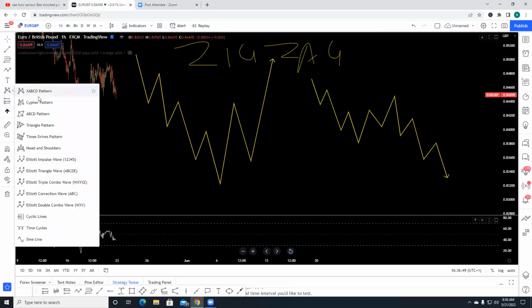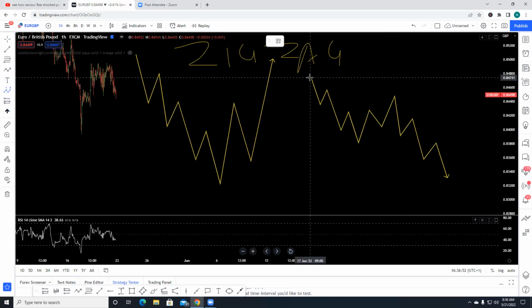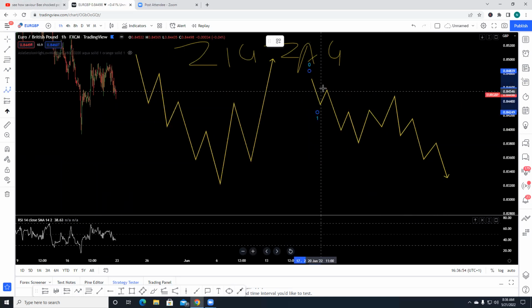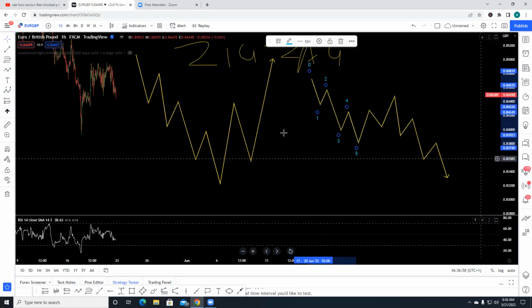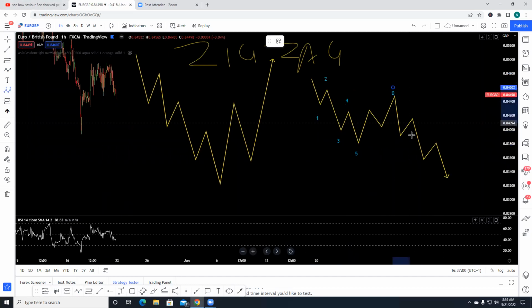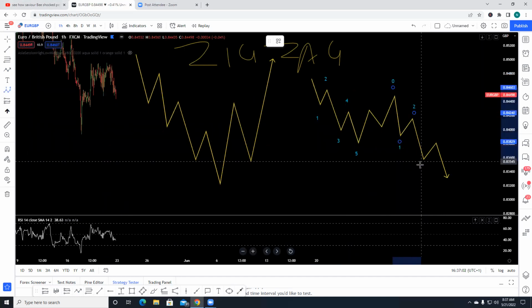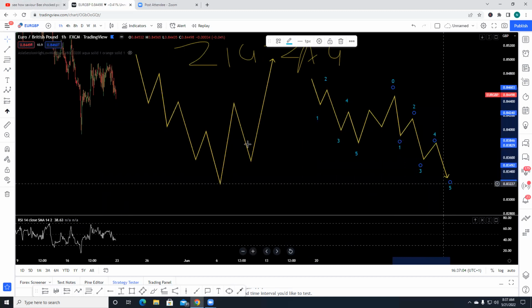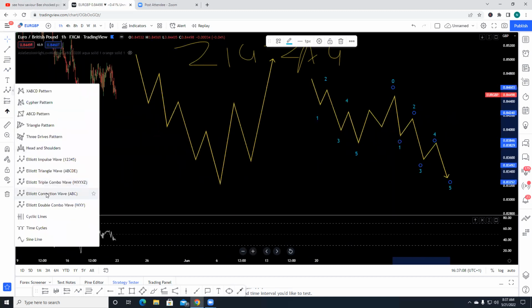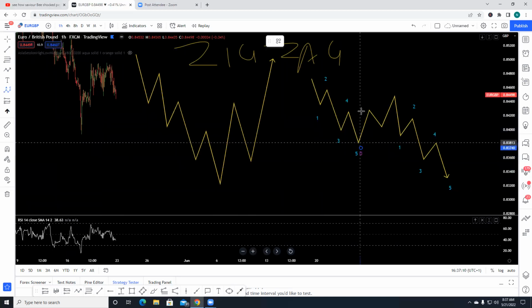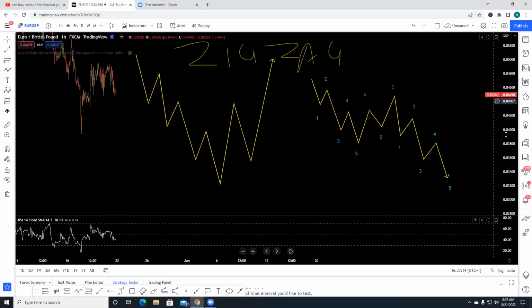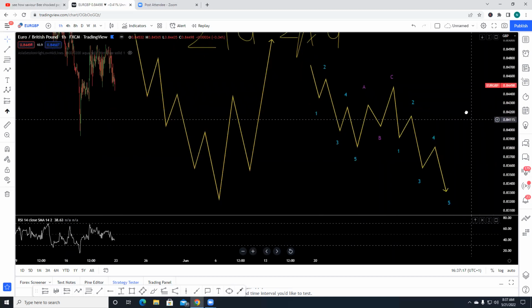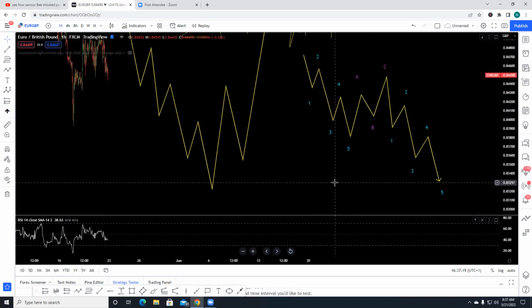And if we label it properly, you have 1, 2, 3, 4, and 5, and then another one here, 1, 2, 3, 4, and 5. And then you have the ABC correction in the middle, and you label them A, B, C. Okay, so this is the structure of a zigzag corrective structure.